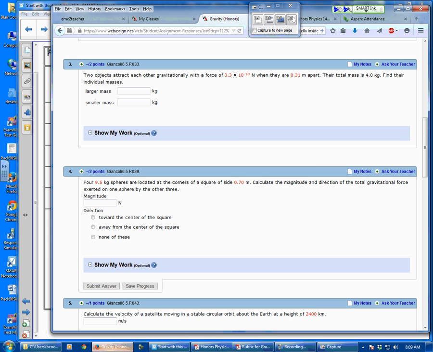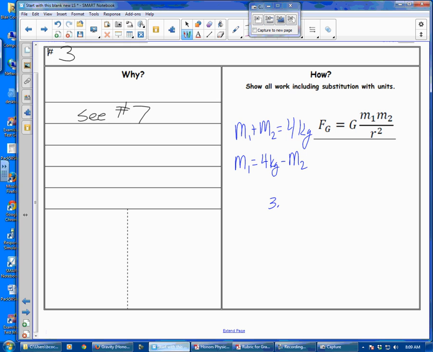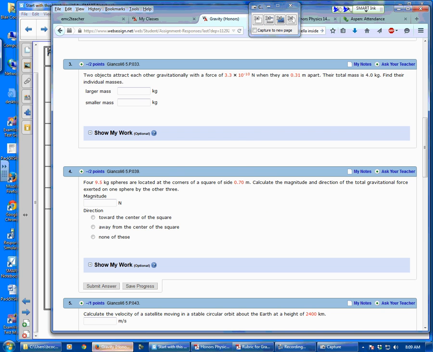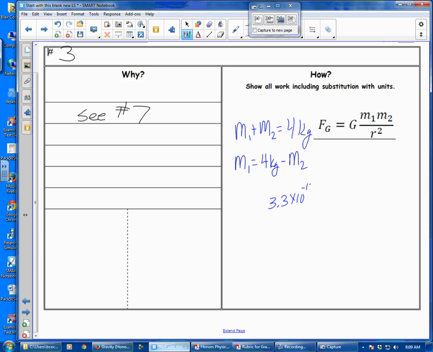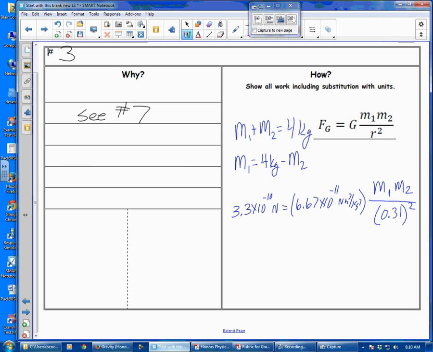So I'm back here substituting in now 3.3 times 10 to the minus 10 newtons equals 6.67 times 10 to the negative 11 newton meters squared per kilogram squared, M1 and M2 over 0.31 meters squared.